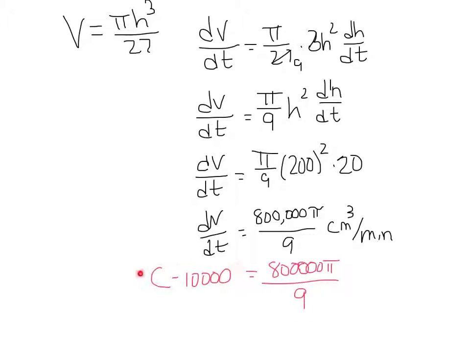C minus 10,000 is the rate of change of volume. It's the water going in minus the water going out, so that's how the water is changing, and that has to equal what our dV/dt was. The question is, what is C? Well, easy enough, just add 10,000 to both sides and you've got yourself the answer to this problem. So C is equal to 800,000 pi over 9 plus 10,000, all of that cubic centimeters per minute.